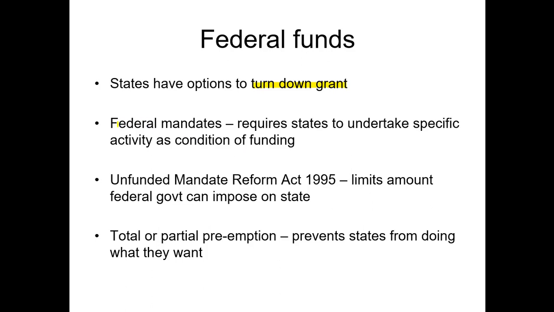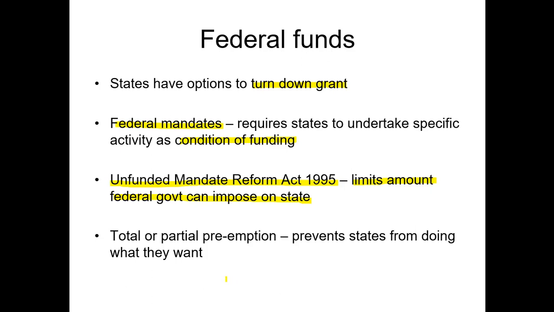And we still have federal mandates, but there is a condition of funding that has to go with that because, as I mentioned before, during our new federalism era, this Unfunded Mandate Reform Act actually limits the amount that the federal government can impose on a state, particularly when it's going to require the state funds to do these things.